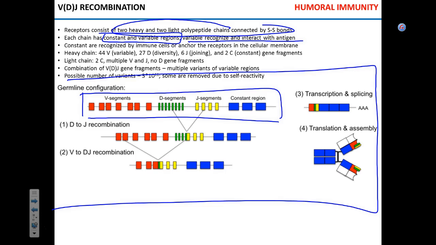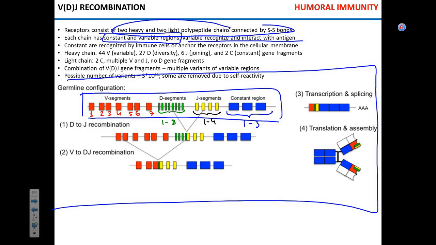And you have V segments, 1, 2, 3, 4, 5, 6, 7. I just numbered them for the convenience, okay? You have D segments numbered 1 to 8. You have J segments numbered 1 to 4. And you have constant segments numbered 1 to 3. So far, we're good? We clear?